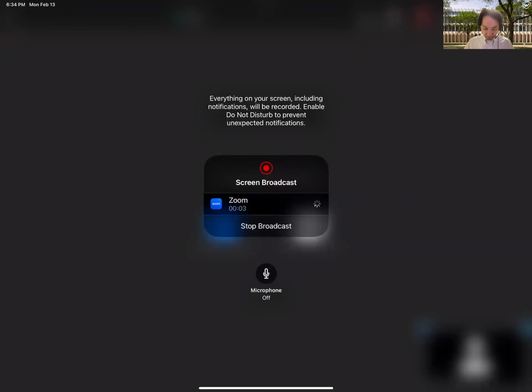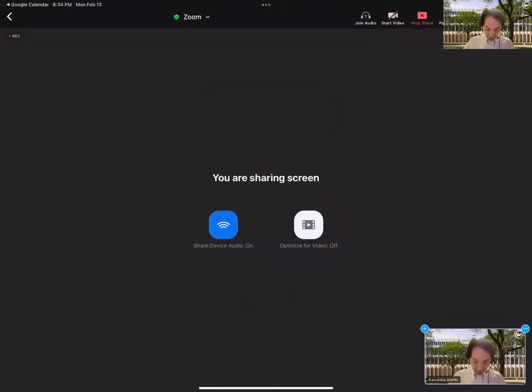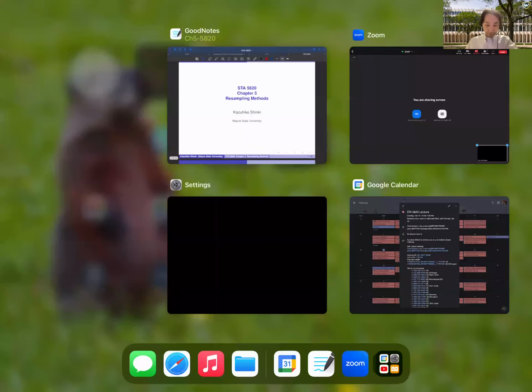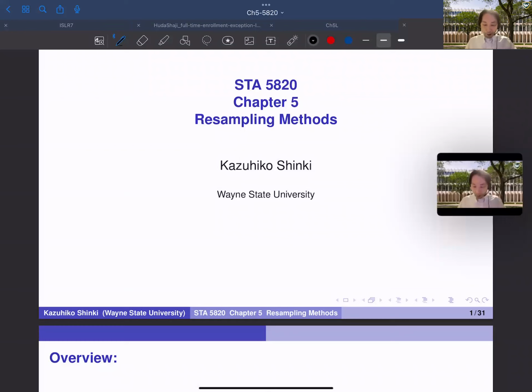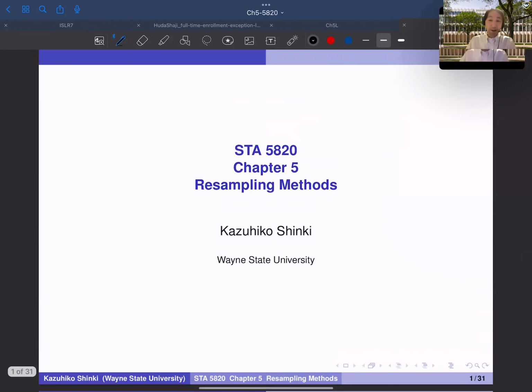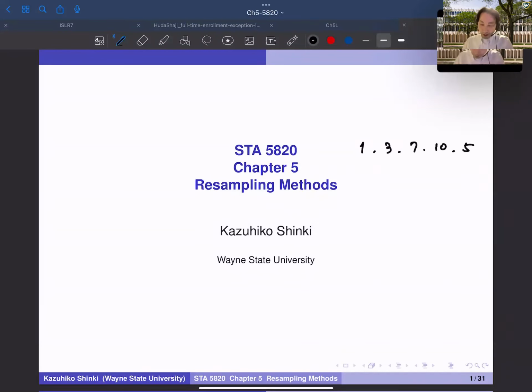Resampling method, okay, so maybe I share the screen first. Okay, so a resampling method is just that we sample from the sample. Suppose that we have 5 observations: 1, 3, 7, 10, 5. Resampling means that we sample from these observations. For example, we take 1 and 10 and 7.